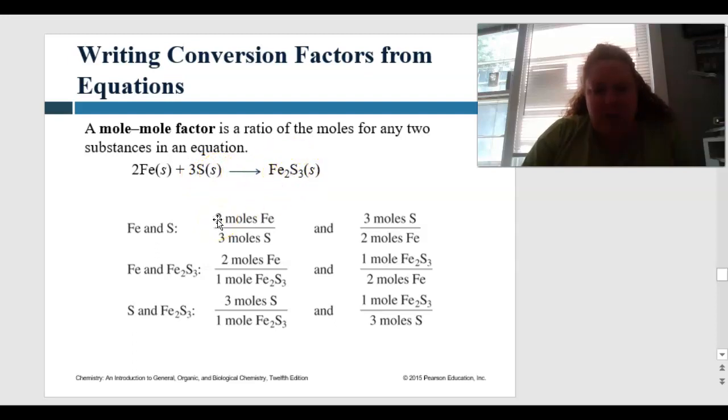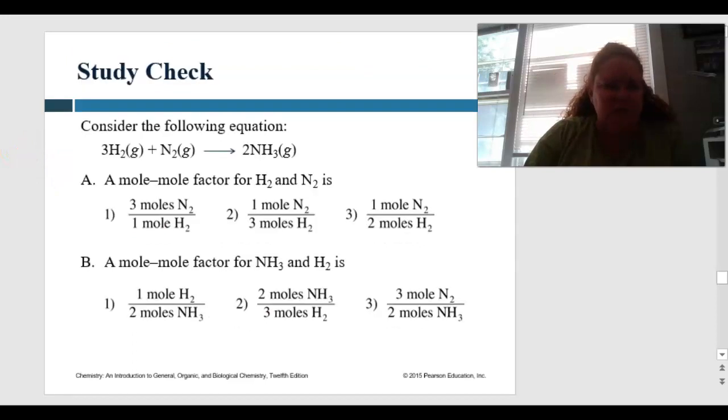So how would we write this up? We have 2 moles of Fe over 3 moles of sulfur. Remember, it's the same if it's flip-flopped. And the same thing, 2 moles of Fe over 1 mole of Fe2S3, you can flip-flop it. So you can write it either way, and it's the same thing. It just depends on what you need to cancel out.